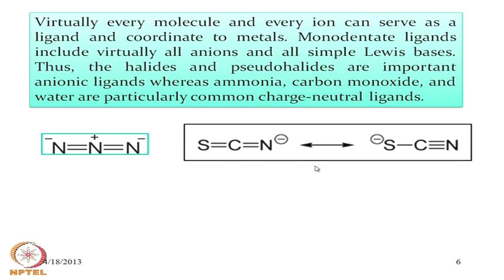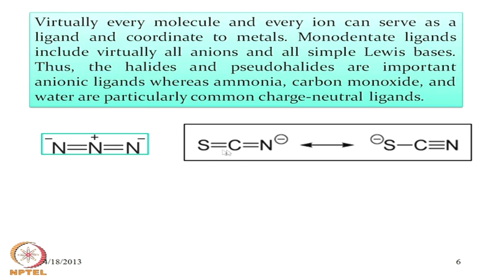Similarly, thiocyanate also has two tautomeric forms, where we can have the negative charge on nitrogen or the negative charge on sulfur, and as we have just seen, it can bind to the metal center through nitrogen, or through sulfur.